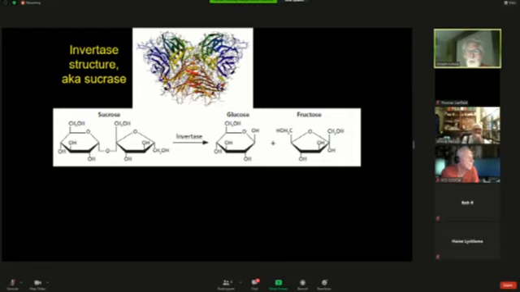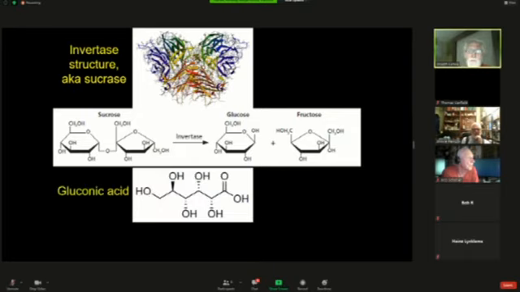So when that bond connecting glucose and fructose is broken, the sucrose is converted into these two separate monosaccharides, one sugar molecule each. Another name for sucrase, which is the name of this enzyme breaking down sucrose, is invertase. You'll see it referred to as that.